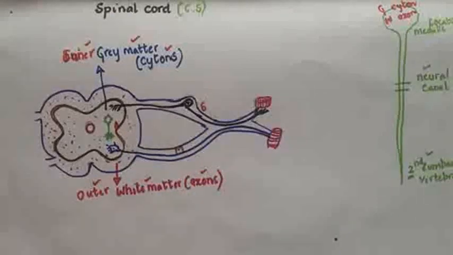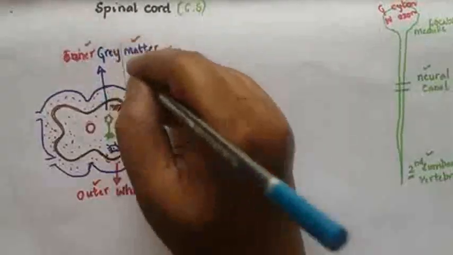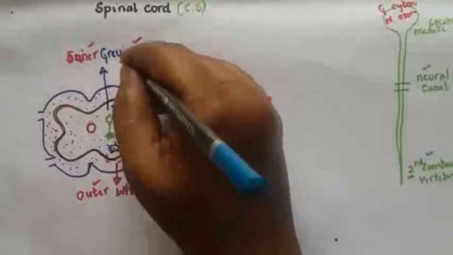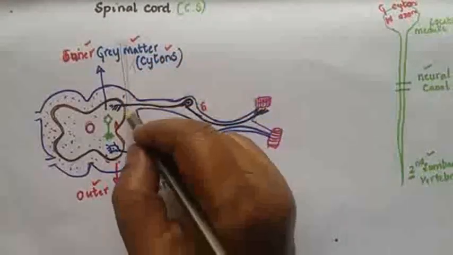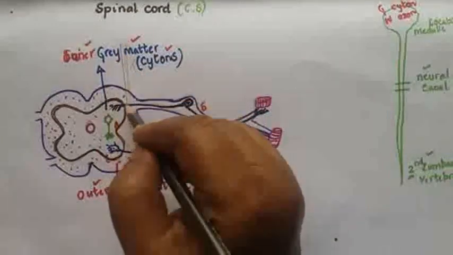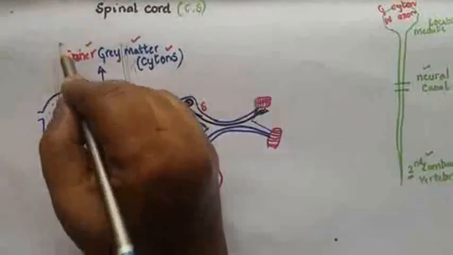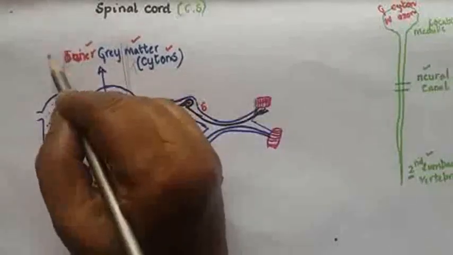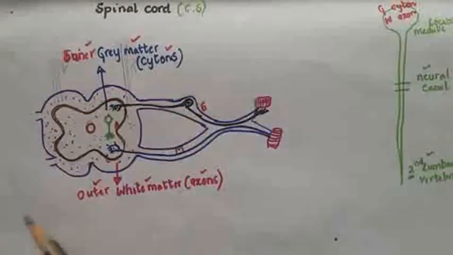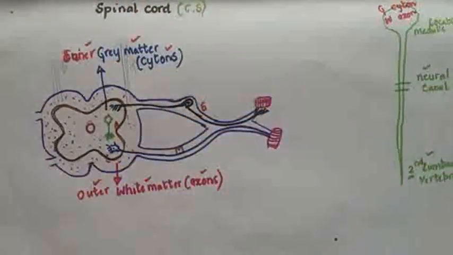Along with this, sometimes you may find certain axons moving towards the brain, carrying impulses towards the brain, and certain axons moving from the brain towards the spinal cord, which longitudinally carry impulses towards the brain and away from the brain.